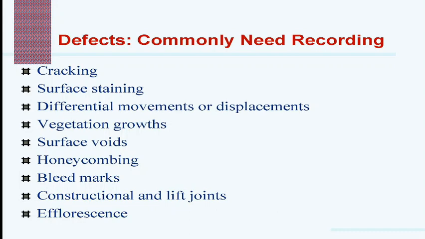Others are surface pitting, surface staining, differential movement or displacement, vegetation growth near the structure, surface voids, and honeycombing that may be due to improper compaction of the concrete members, and bleeding marks, which means excessive water may have been mixed or there was excessive compaction, as well as construction or lift joints and effluents. These are the defects that should be recorded during the visual inspection.